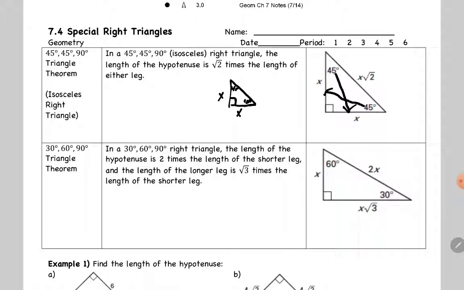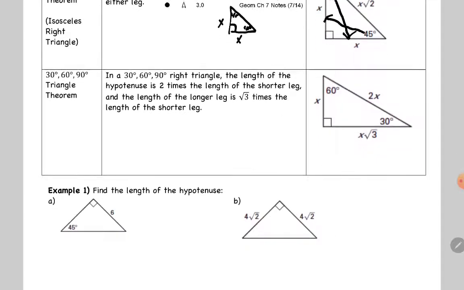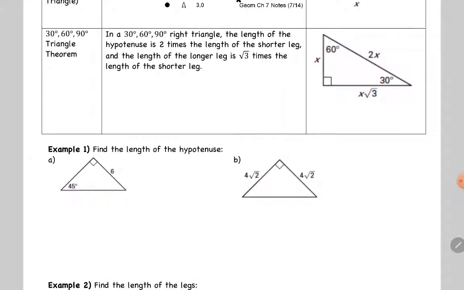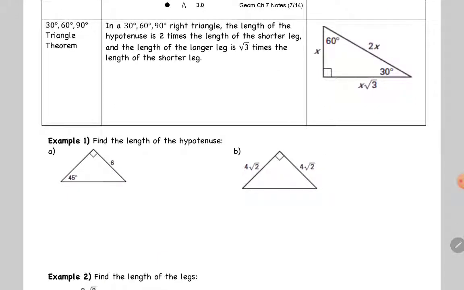So before we look at the 30, 60, 90, let's go ahead and do an example. So find the length of the hypotenuse. Remember, hypotenuse is opposite of the longest side here. So we're looking for this guy, and let's call him H. So we have a 45, 45, 90 triangle.